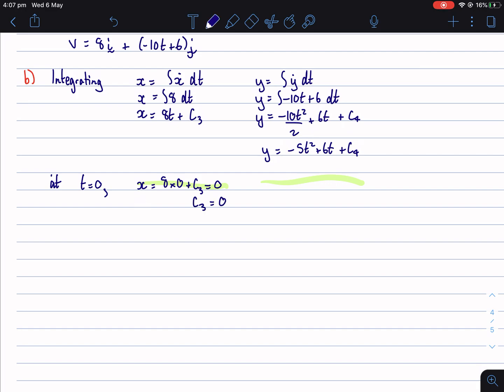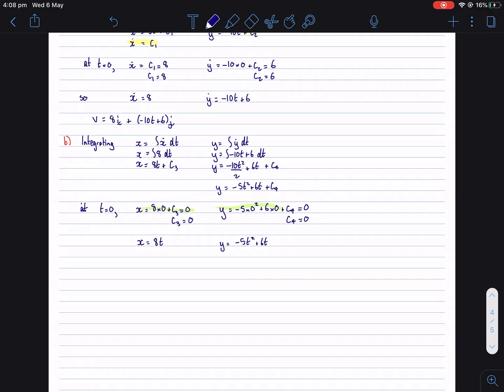And we know the overall equation for the displacement is 8t. We know y is -5 times 0 squared plus 6 times 0 plus c4. It's going to come out at 0. So c4 equals 0. So the actual equation for y is -5t squared plus 6t.